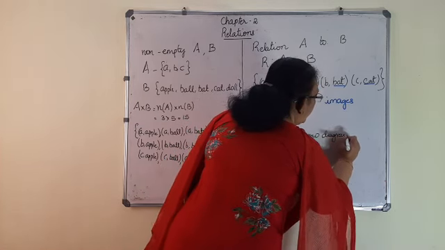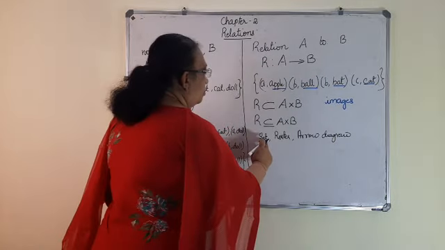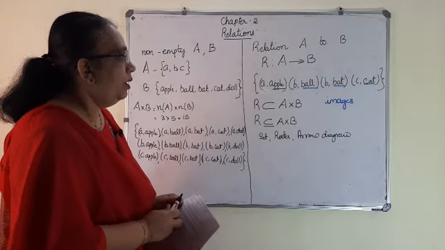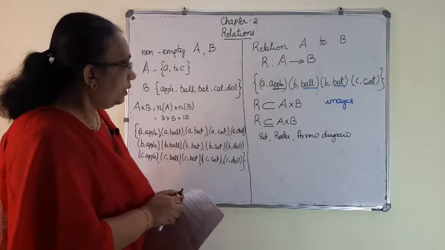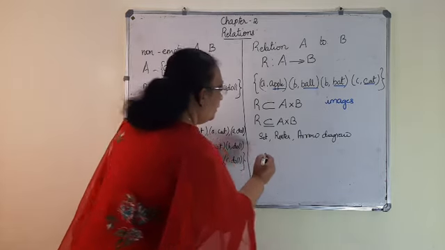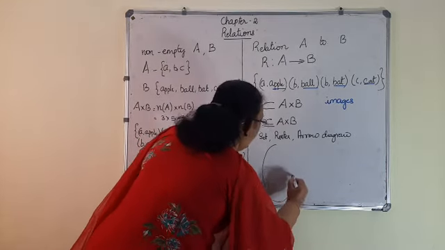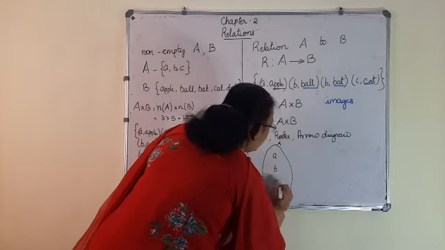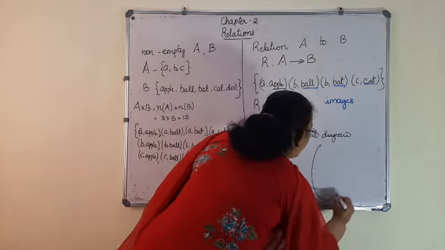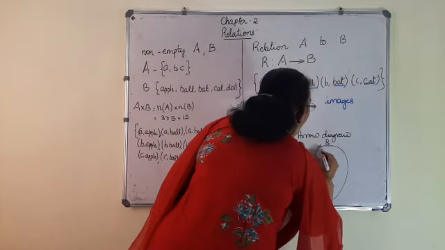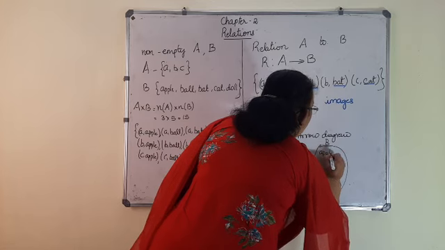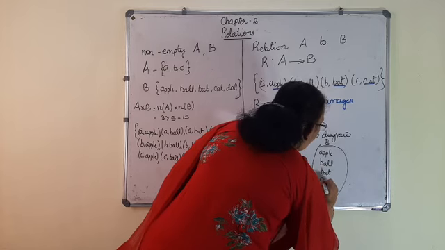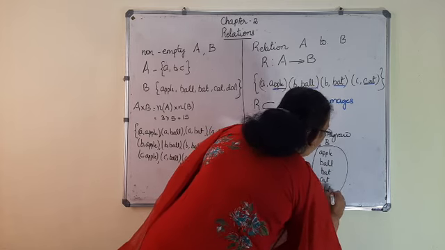Now this is a new thing that you are going to study. Set builder form and roster form you have already studied in chapter 1. Now the second case, we are going to study what is an arrow diagram. Set A consists of the elements a, b, c. The non-empty set B consists of apple, ball, bat, cat and doll.